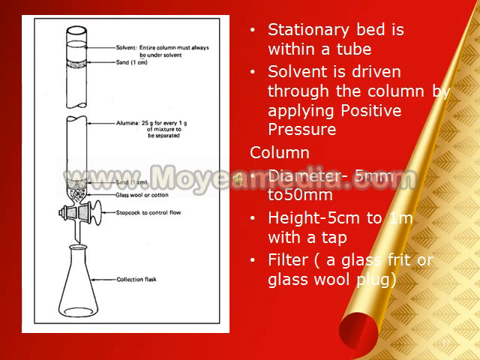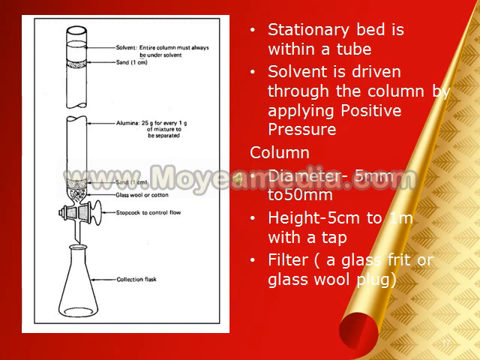Column is very similar to the burette as we have handled. In burette there is a marking, but in a column there is no marking. Columns come in different lengths and thickness depending upon the material which we have to separate. At the bottom of the column we put some glass wool or cotton, then we put in the silica gel, then we put in the material which is adsorbed on similar silica, and the top of the column is used for the solvent.